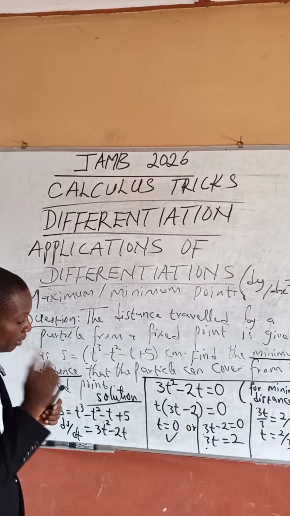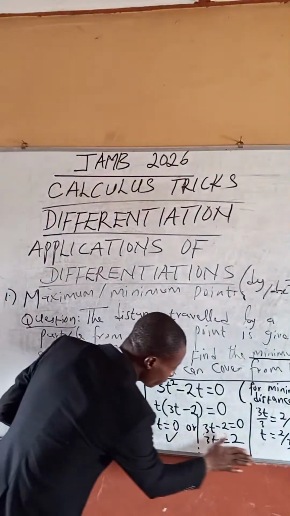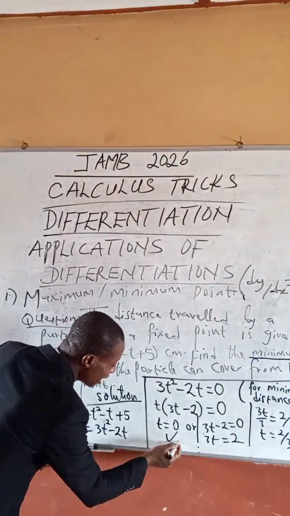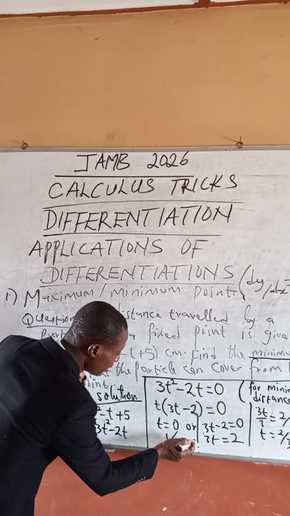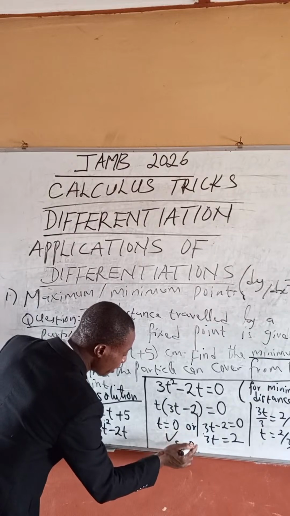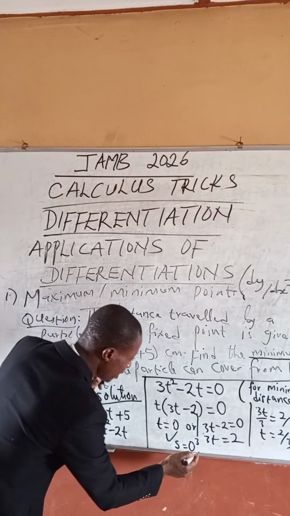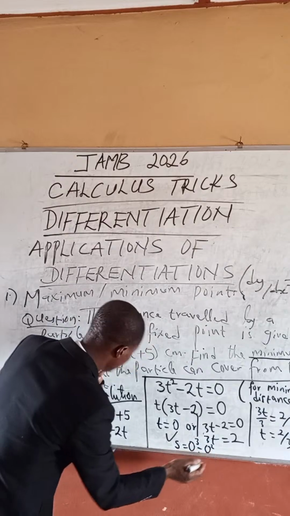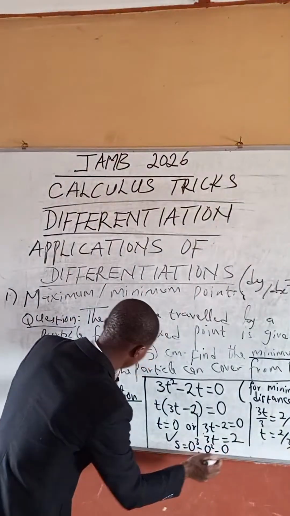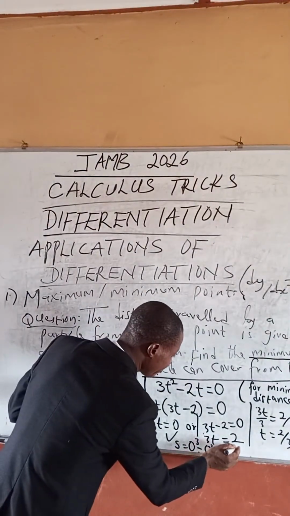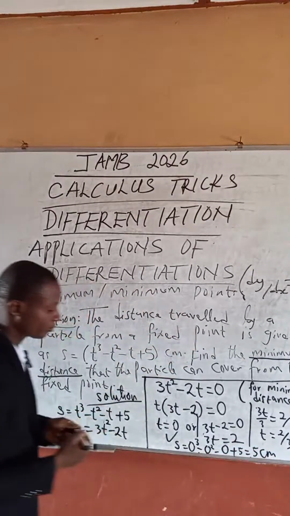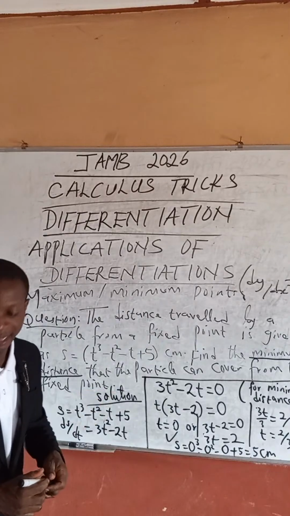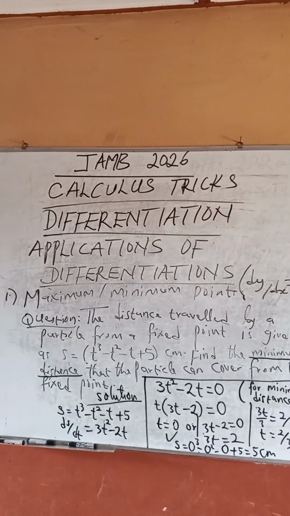All right, so for minimum distance, which is s minimum, we have s equals 0 raised to 3, minus 0 square, then minus 0, then plus 5. That is equal to 5 centimeters. This is the minimum distance. Please don't get this confused.